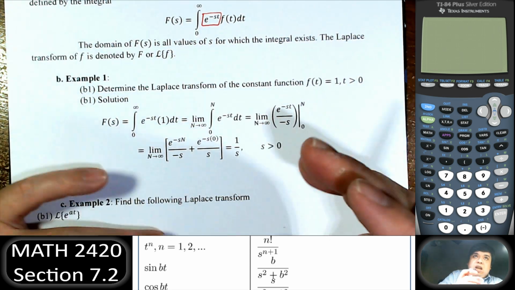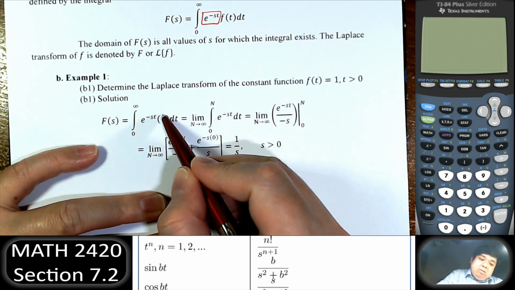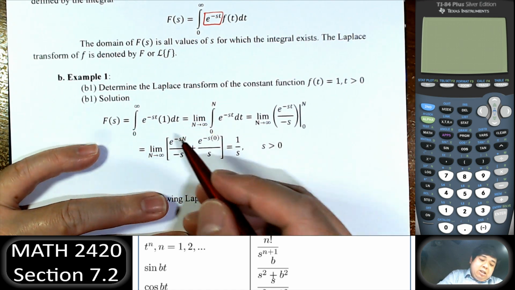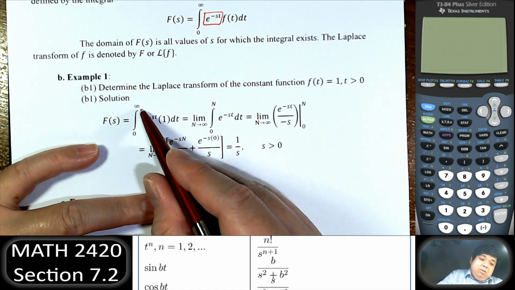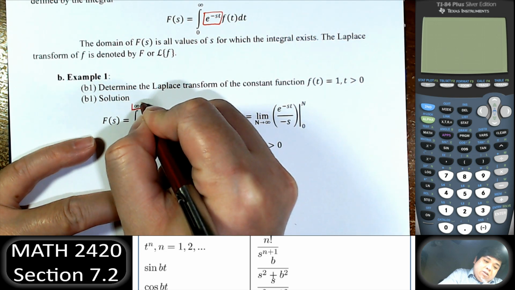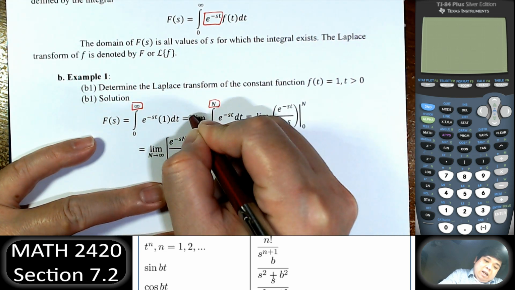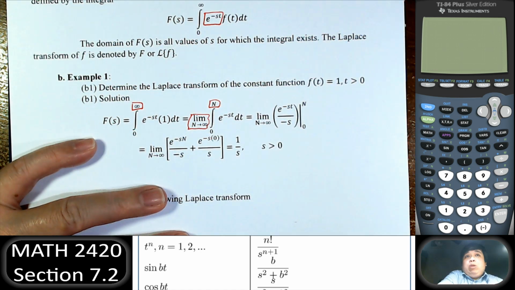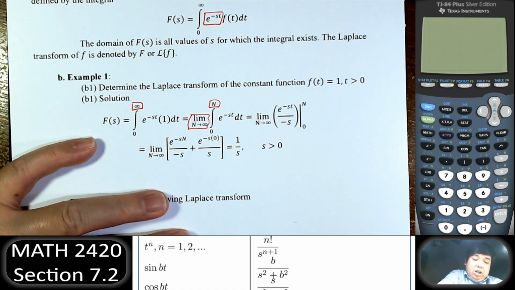So we just integrate this. The problem here is the infinity, so that is an improper integral. We replace that infinity by n, and take the limit as n goes to infinity.